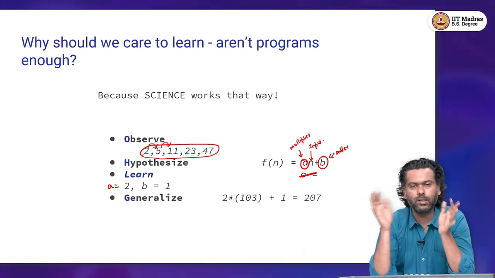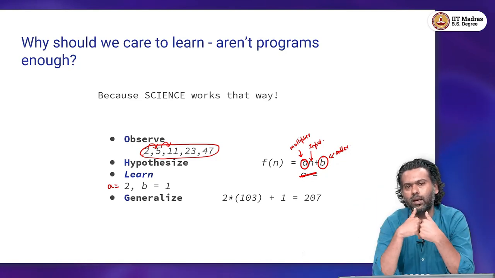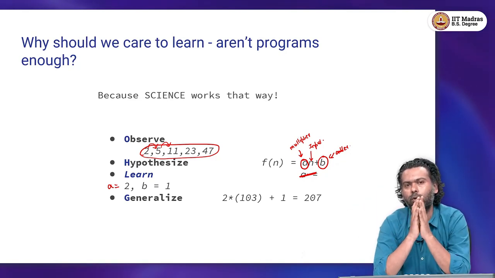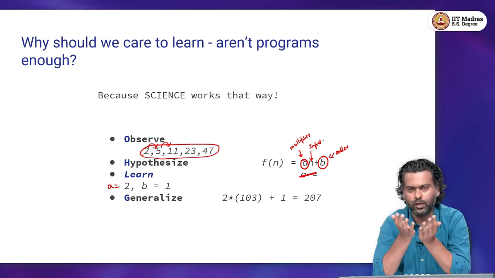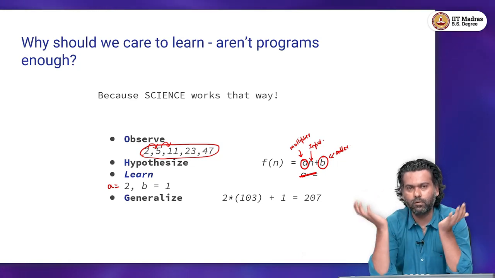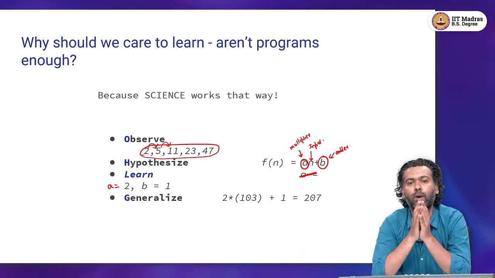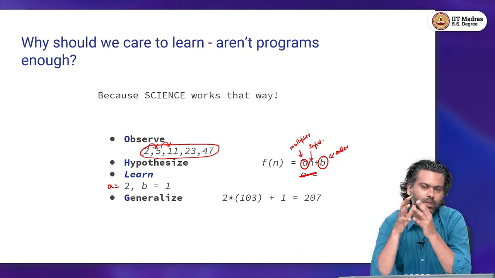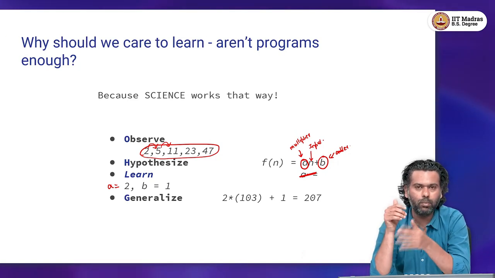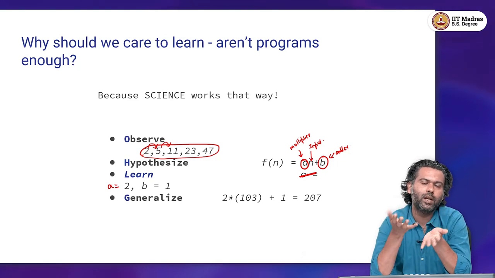So this is how science in general works. You collect some data, you hypothesize that this is the relation that this data essentially tries to describe. This is the aspect of the world that the data tries to describe. There are some numbers in this hypothesis that you don't know, in this case A and B, and now you use the data to fit these numbers.